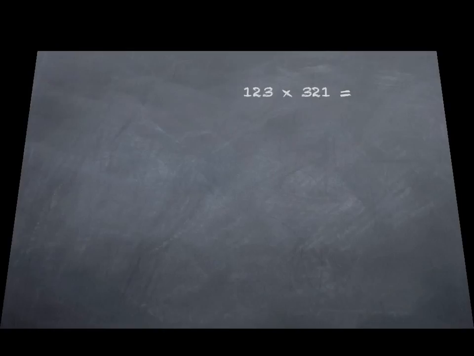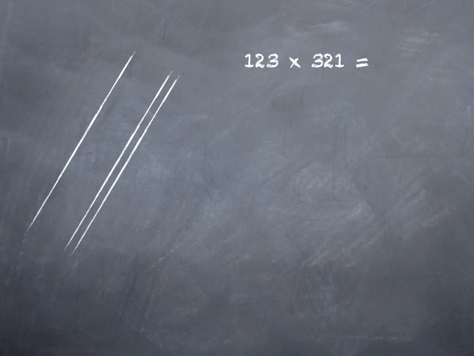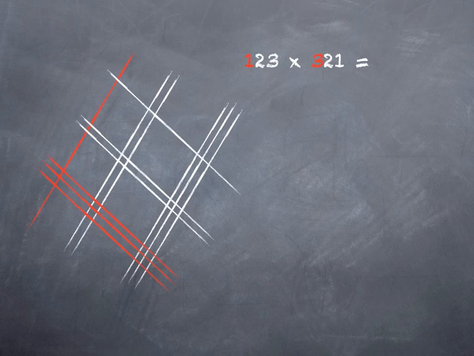If we want a little bit trickier problem, one that requires regrouping, we can try 123 times 321. There's 3 hundreds, 2 tens, and 1 one. And let's color code them again. Hundreds, tens, ones. Well, if I look out here where my ones intersect my ones, I wind up with 3 intersections.